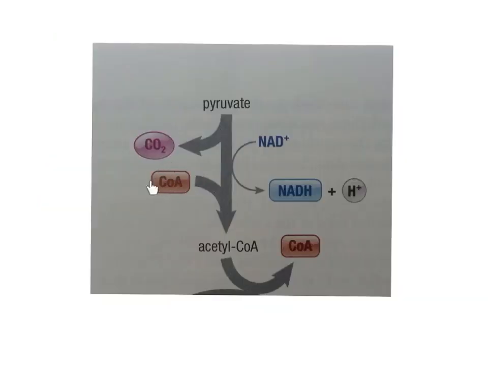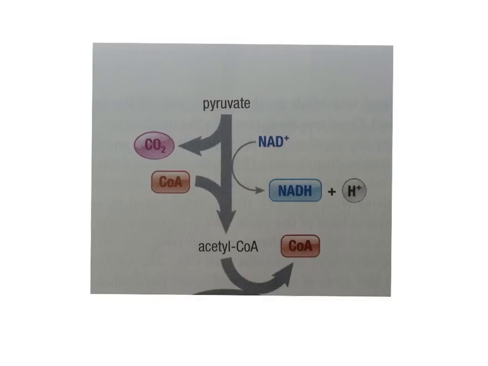Coenzyme A attaches to the acetyl group on the pyruvate molecule, which makes it not available to oxidize. At the same time, NAD+ is reduced and becomes NADH. The leftover carboxyl group is taken away as waste in the form of CO2. The resulting product is acetyl-CoA.